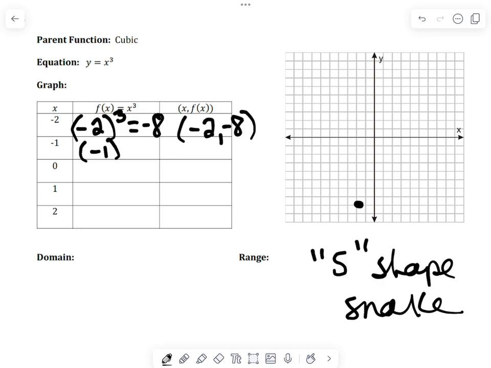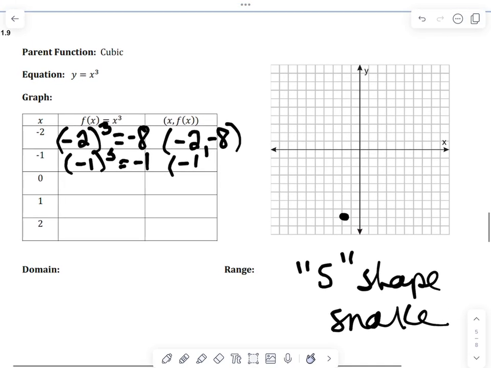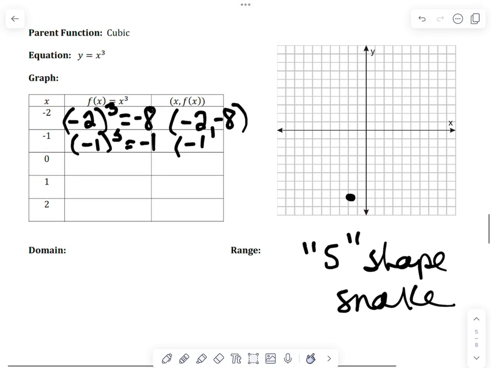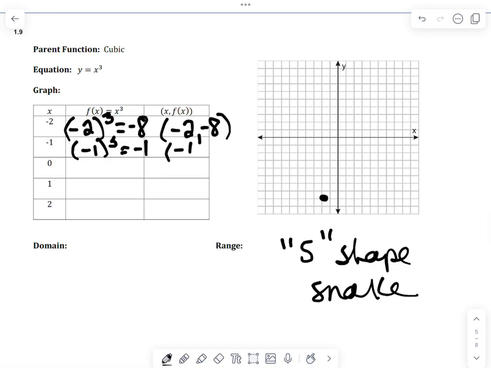Then -1 times -1 times -1 is -1, so (-1, -1).